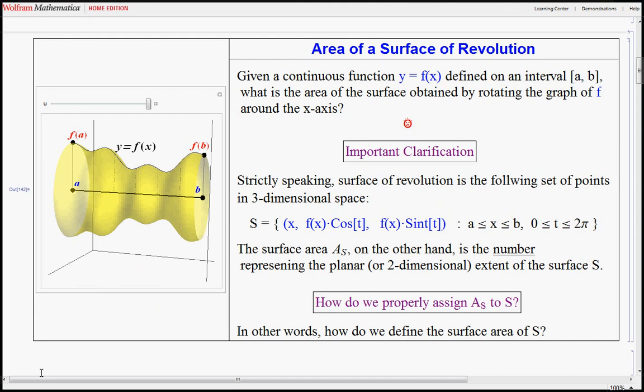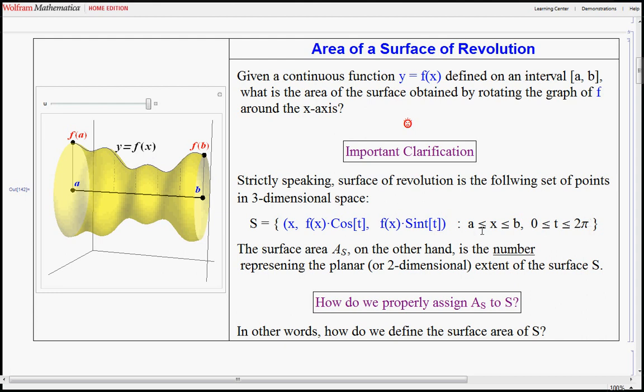Hence, to indicate that we are dealing here not only with just the problem of calculating some number, but also a conceptual definition of the area of a surface in three dimensions, I explicitly stated here what the surface of revolution of the graph of f of x is. It is a set of points with coordinates given here in blue color, where x ranges between a and b, and t ranges between 0 and 2 pi.